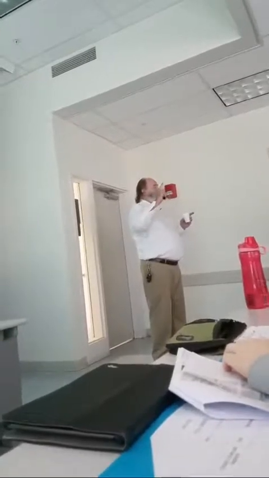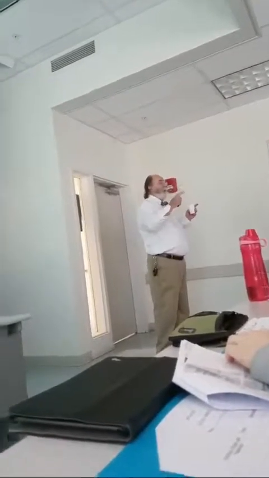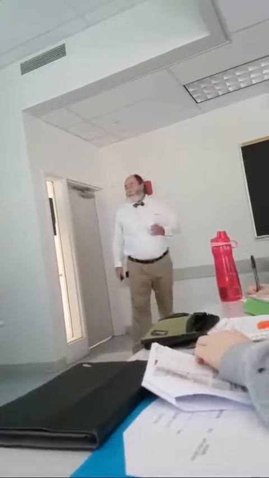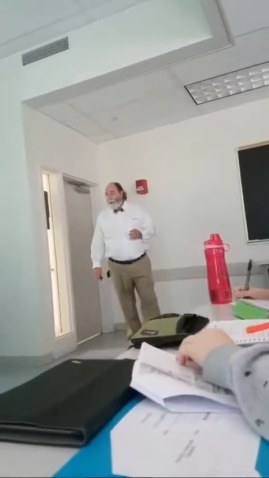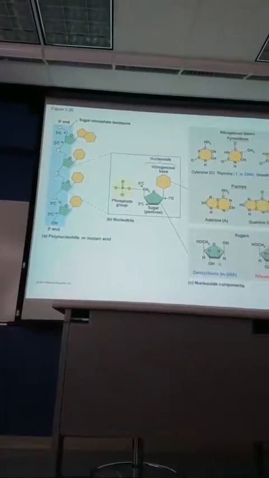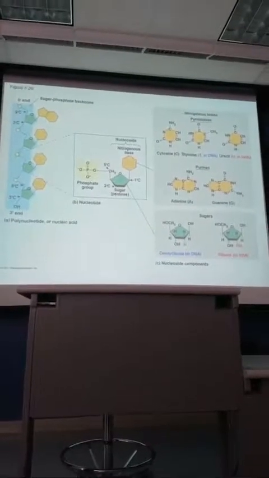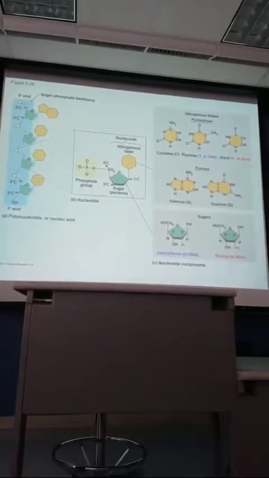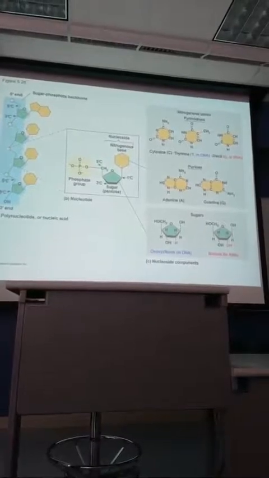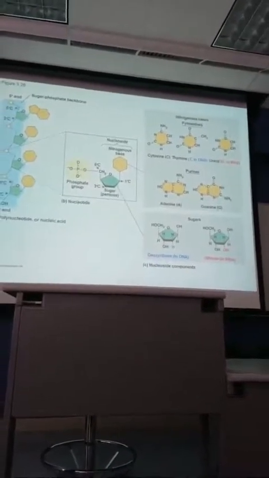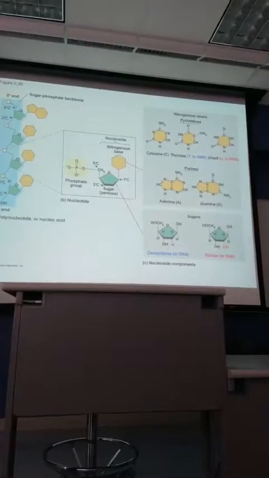A series of nucleotides put together then make up the polynucleotide. Now, here's one of those. Notice the nucleoside right here, the base and the sugar. When you add the phosphate group, it becomes a nucleotide.